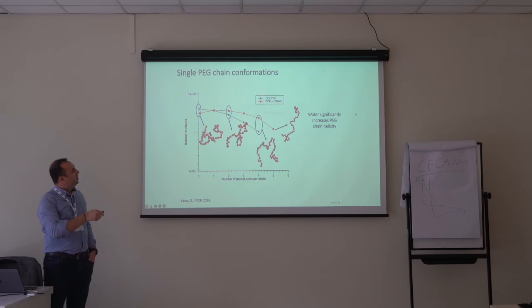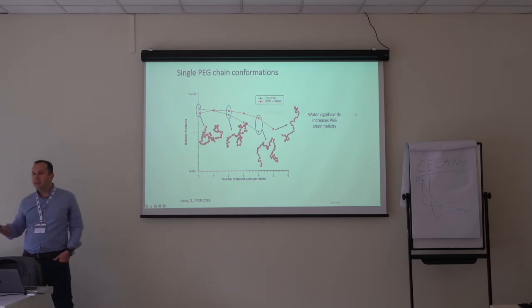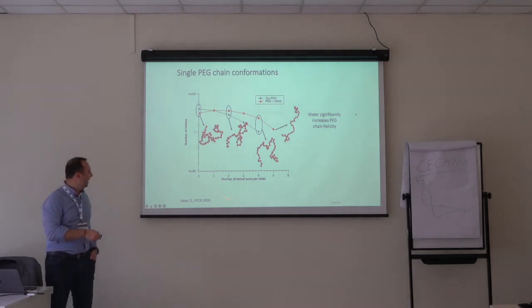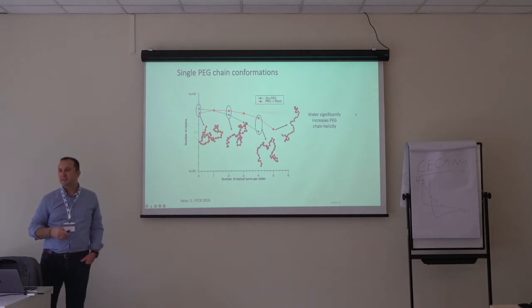Experimentally it is known that this is much increased with the addition of water, which acts as a lubricant, and we also observed that. We don't have perfect helices, but at least we have some degree of helicity here. In a simple model, if you can get that, I was quite happy, and the reviewers were also happy. I published this in PCCP.